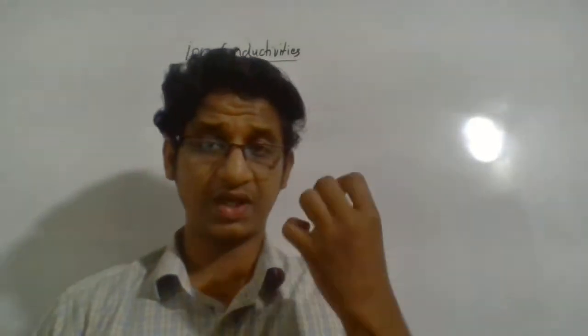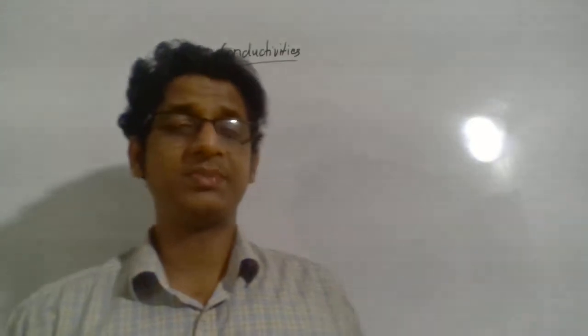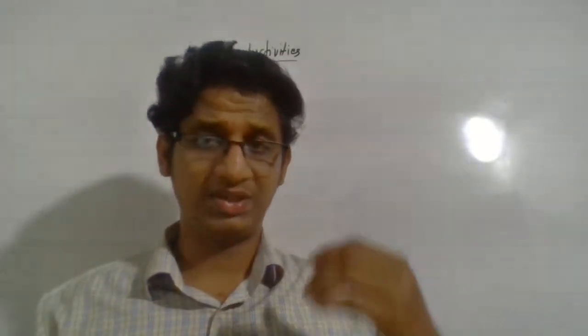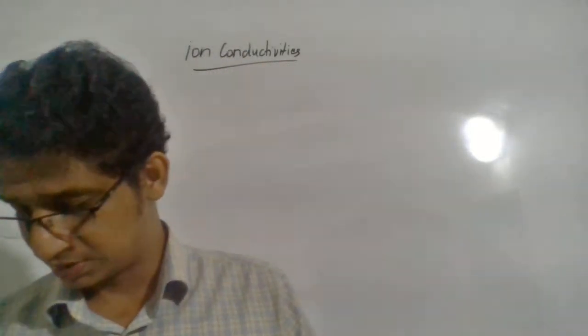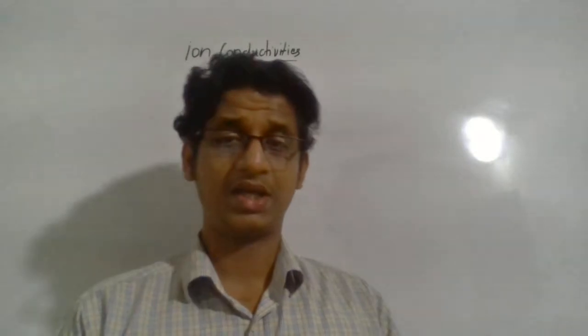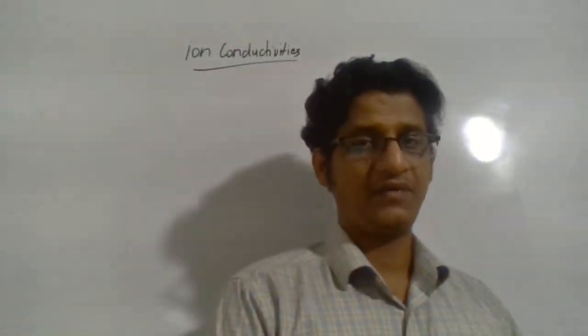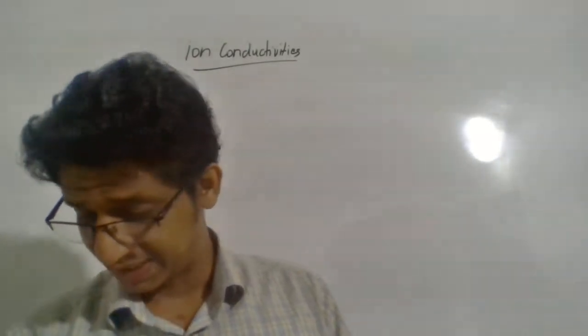The presence of ions in the solution makes the electrolytic solution conducting, which means if you talk about an ionic compound, there will be a cation and an anion. It is observed that they can independently contribute to the molar conductivity. So that is very important. The point related to this is how much conductivity is offered by each ion, cation and anion independently, at infinite dilution. That is what we are talking about in ion conductivity.